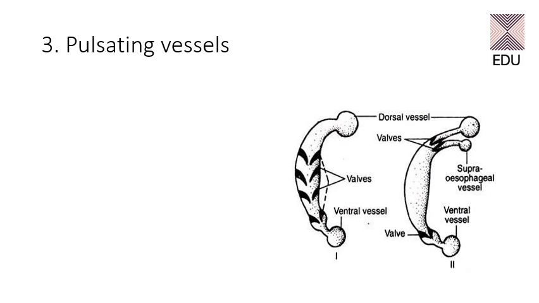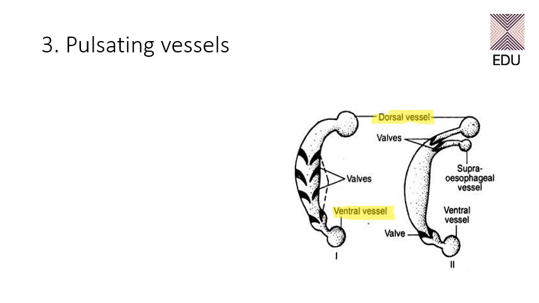Here you can very well see the two types of heart present in the earthworm. The first, in the left diagram, is the lateral heart, and the second diagram shows the lateroesophageal heart. What is the difference? The base of the heart is connected to the ventral vessel, and on the top it is connected to the dorsal vessel.